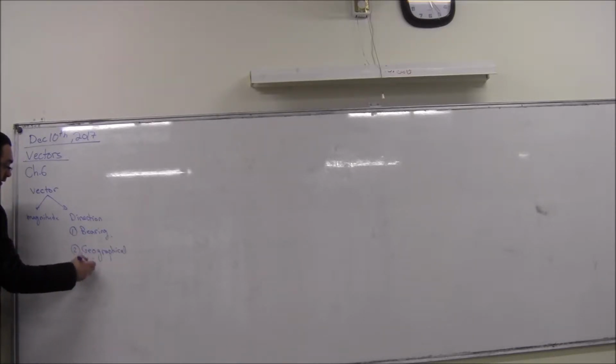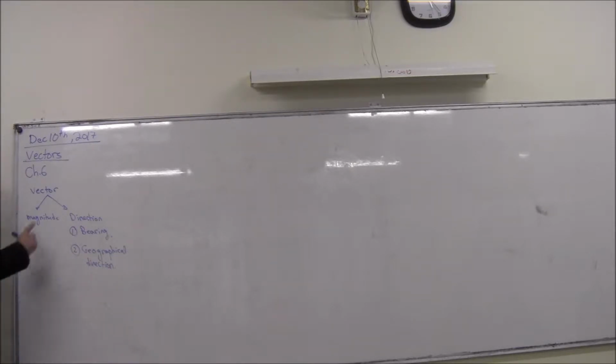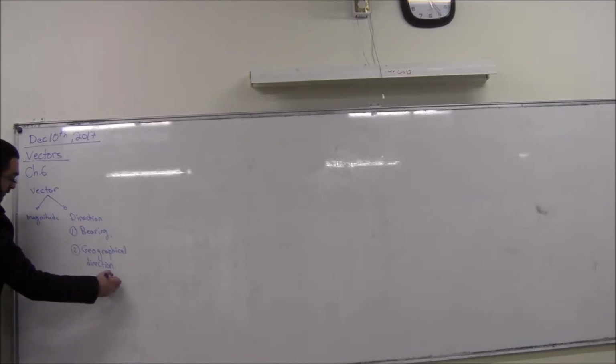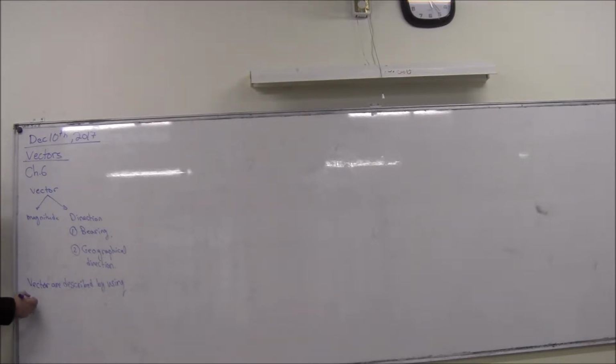Yes, J, not G. In general, vectors might also be described by using I and J notation.